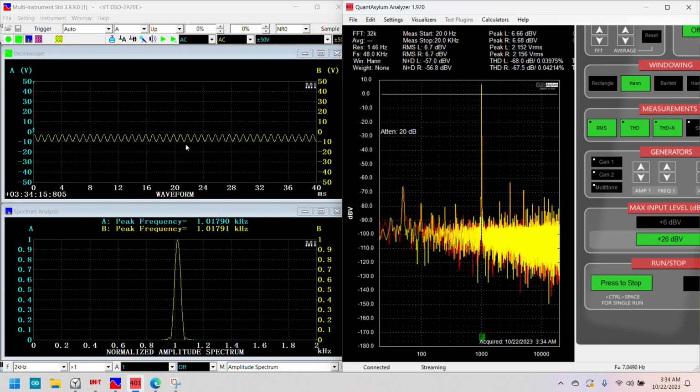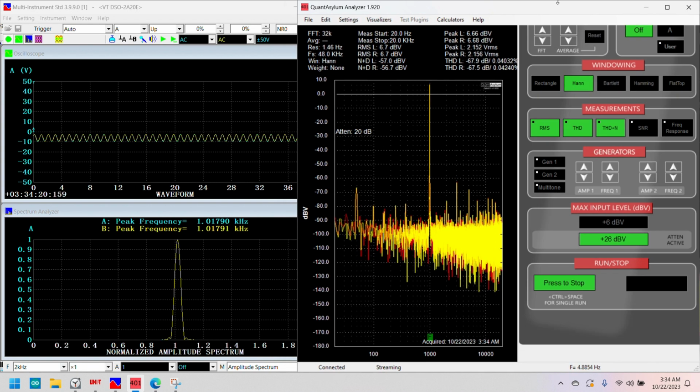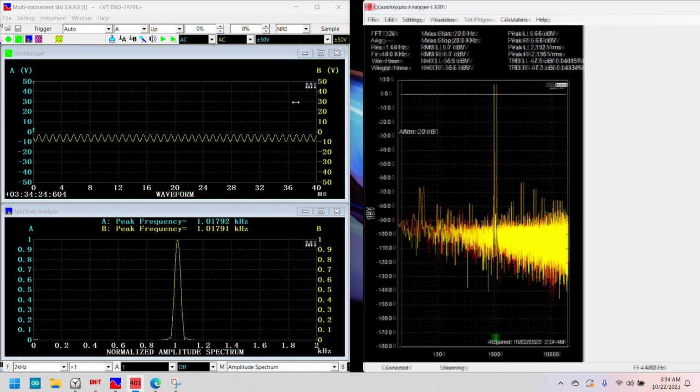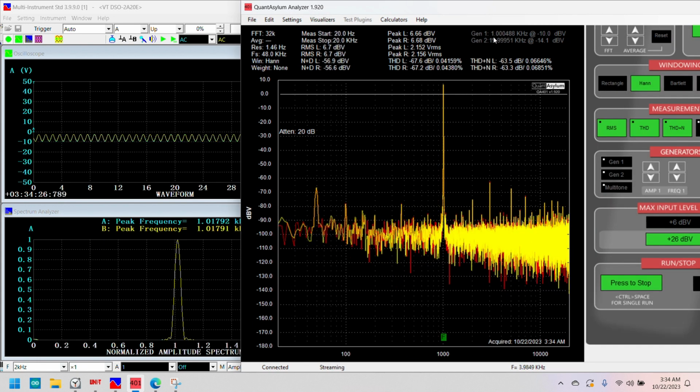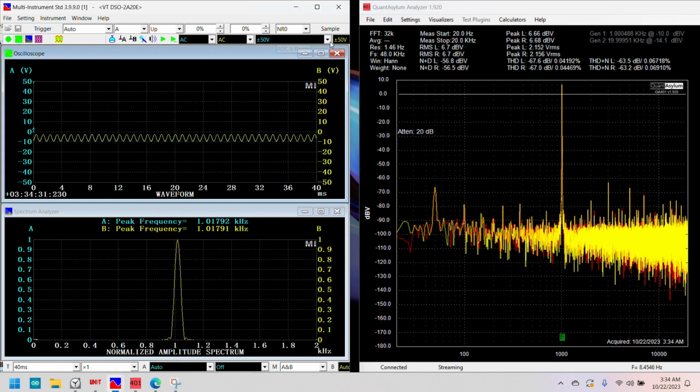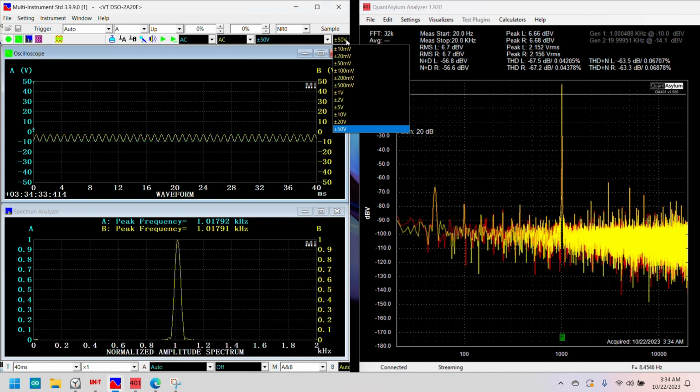And there you go. There is a signal already here, the sine wave. And what I can do in here is to expand so I can see the distortion. That's the best thing I can do. And of course, I can change the volt per division here.